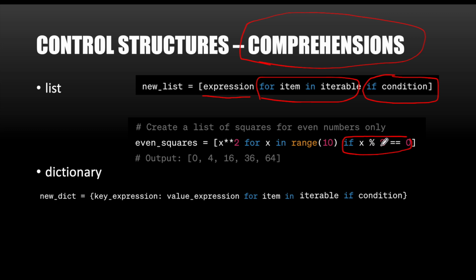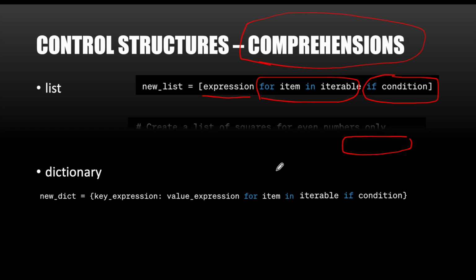When x is 3, for example, the remainder would be 1. 3 divided by 2, the remainder is 1, so it is not 0. So there is no 9 here. I will just show when we execute this in Colab, we will understand.